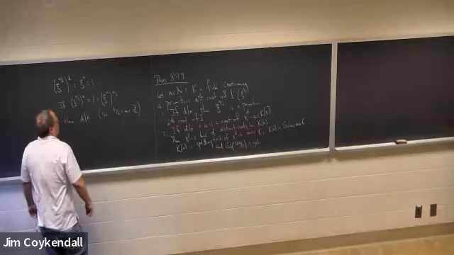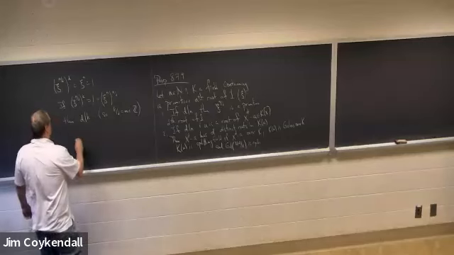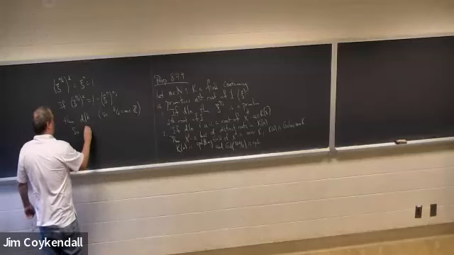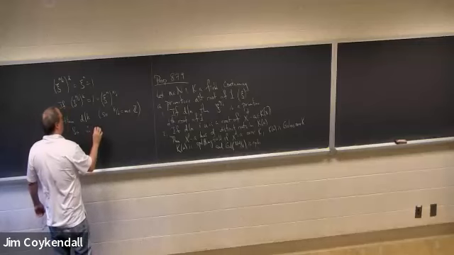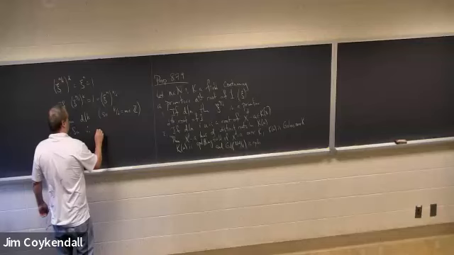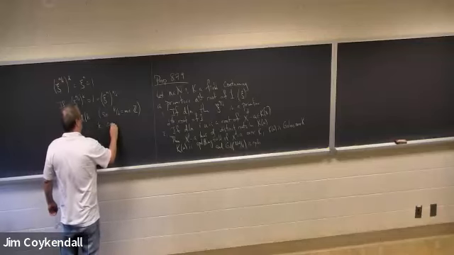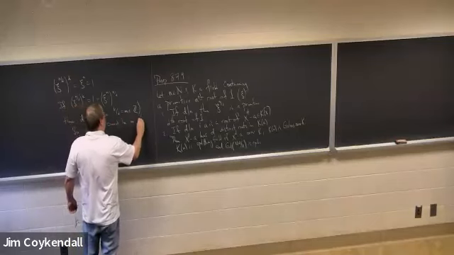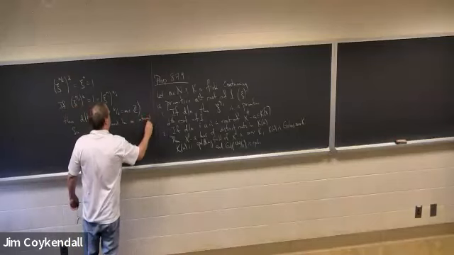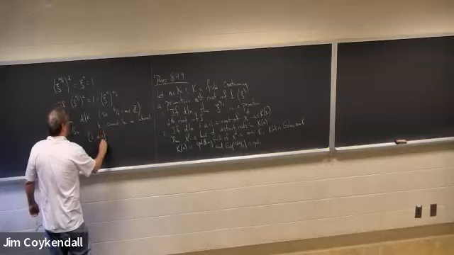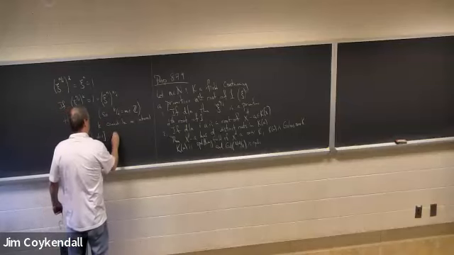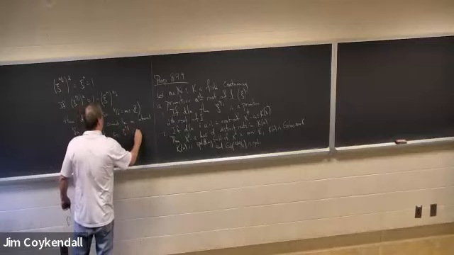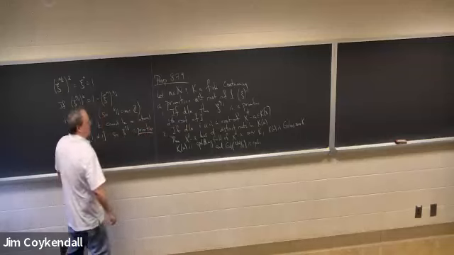Since k over d, and of course we can assume that k over d is an integer, then k is in this interval, and this is clearly not an integer. So this must be primitive.